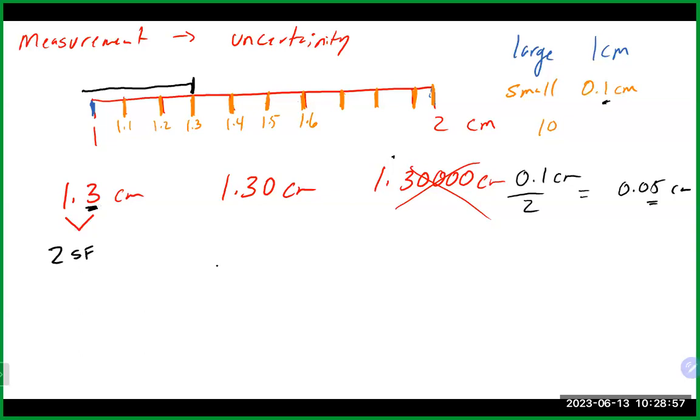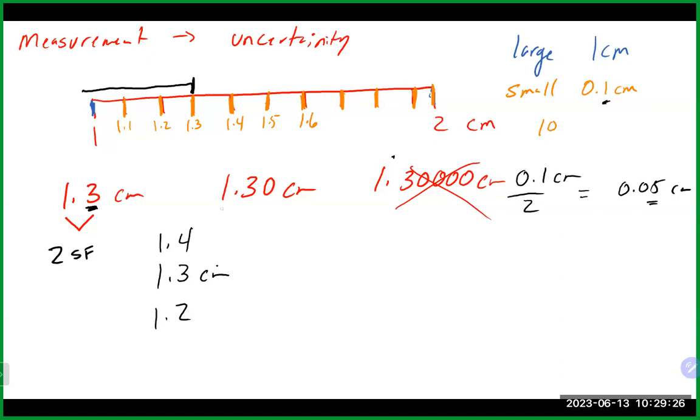So when you write 1.3, what you're saying is, I think it is perhaps 1.3 centimeters, but maybe it's 1.4, maybe it's 1.2 centimeters. We could clearly see from the picture that it is nowhere near those numbers. That's a pretty big range of uncertainty that you have, right?